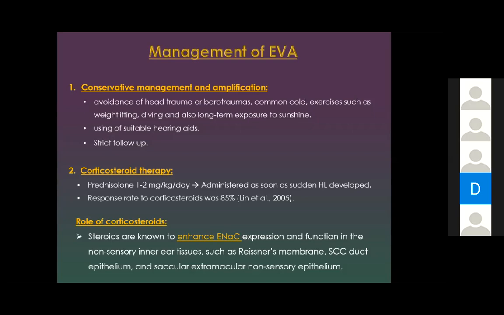Corticosteroid plays the same role, enhancing epithelial sodium channel expression and function in non-sensory inner ear tissue, such as the resonance membrane and semicircular canal duct. So it decreases extracellular sodium, so decreases water absorption, and works against hydrops of the membranous labyrinth.